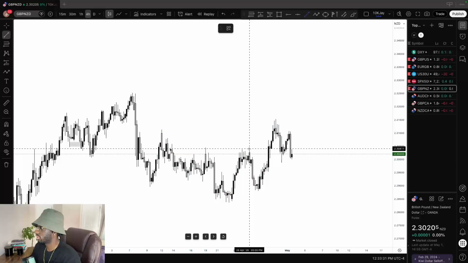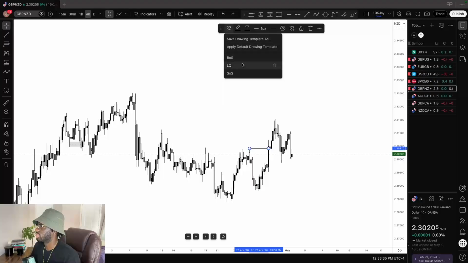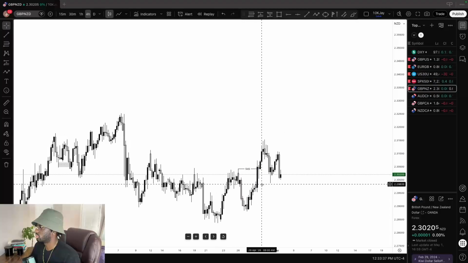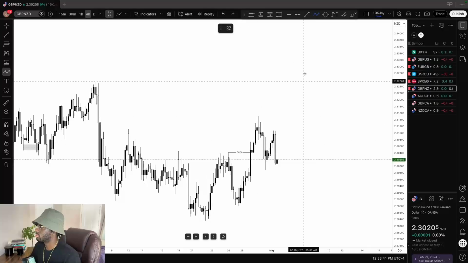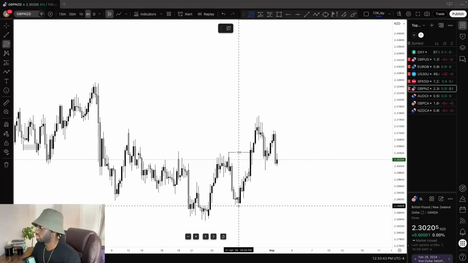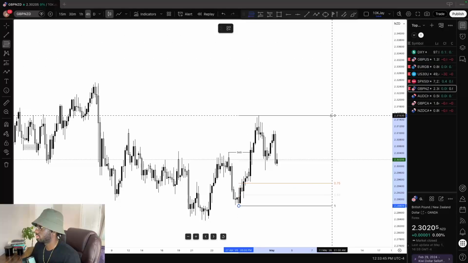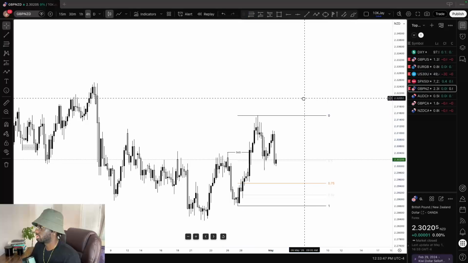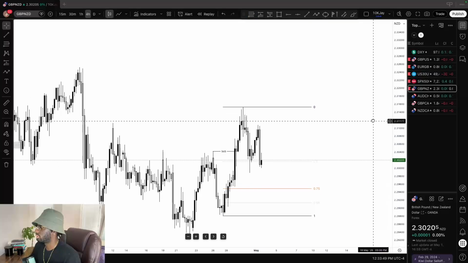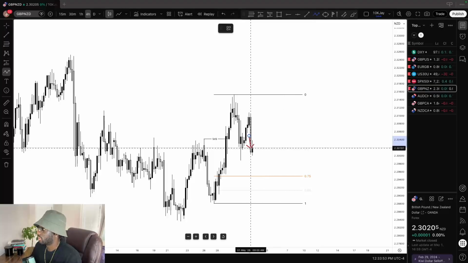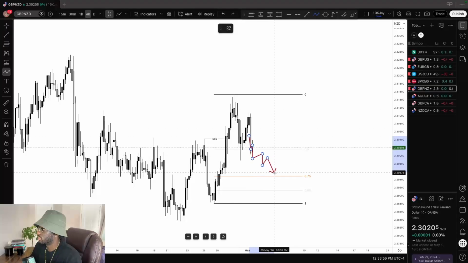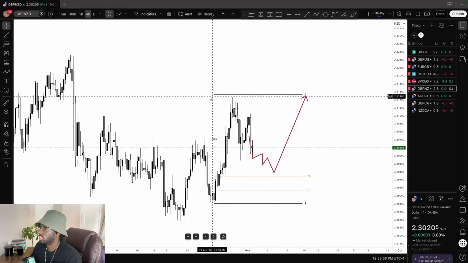We can call that a shift of structure. So at this point we get our Fibonacci. Nice pullback to continue the trend.